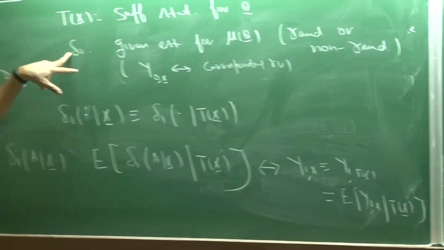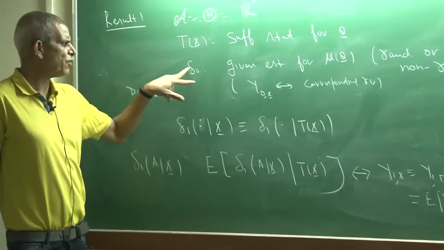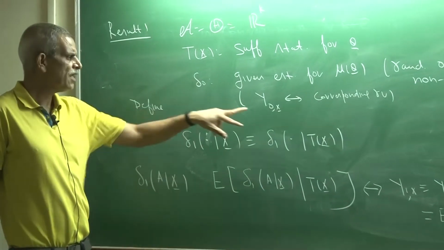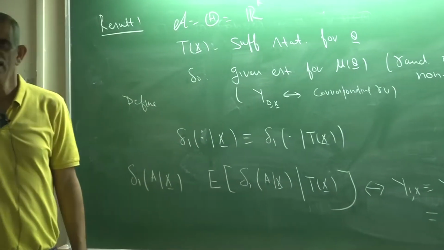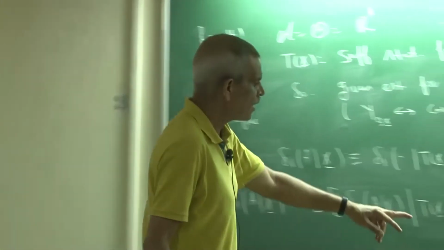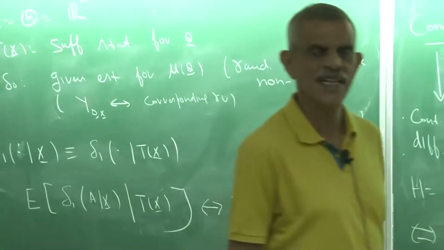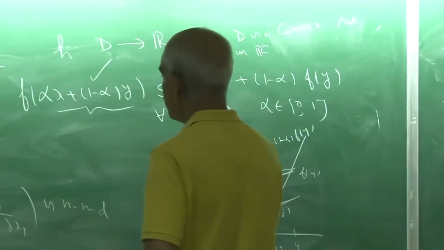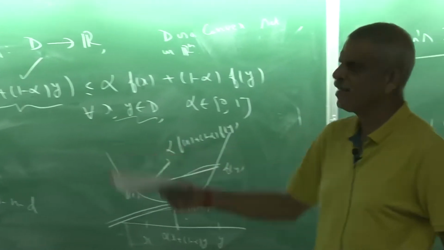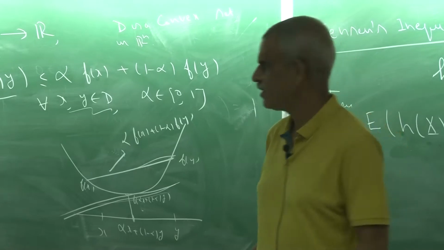So whatever was the random variable corresponding to the given estimator delta naught, you take average of that, and the average is taken with respect to conditional distribution of x given Tx. I get a new estimator delta 1, and this delta 1 basically depends only on Tx.